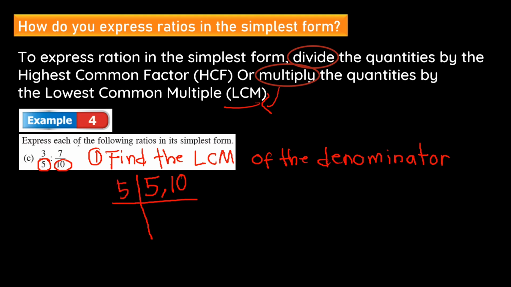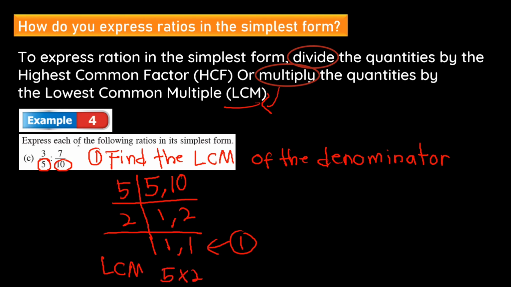We divide by 5: 5 divided by 5 is 1, 10 divided by 5 is 2. And then divide by 2, so that all parts here become 1. Until they all become 1, then you stop the process. The LCM equals 5 times 2, which is 10. So we already get the LCM.